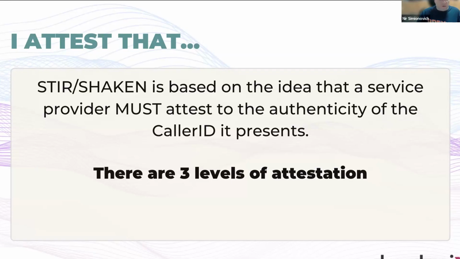The purpose of STIR/SHAKEN is to create a protocol where the information that was traversed will include a signature of some form, where if the signature is valid and it complies with the various formulas that are required, then the information is authentic. We can trust it.